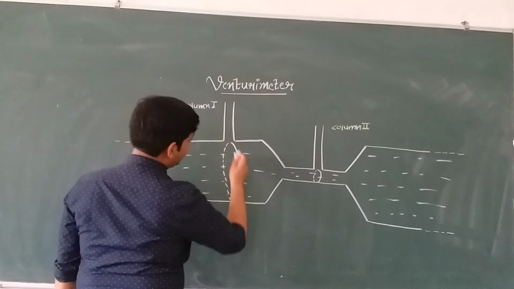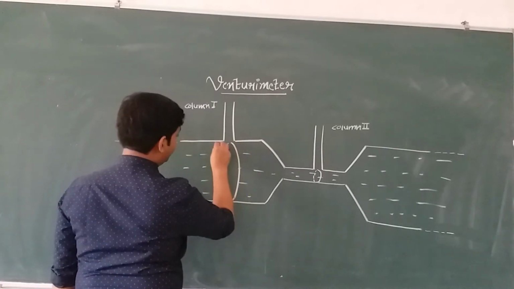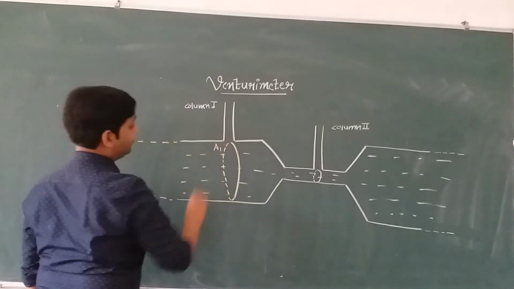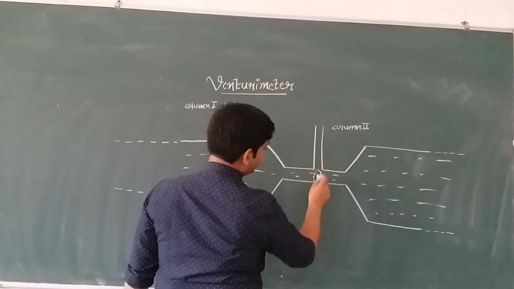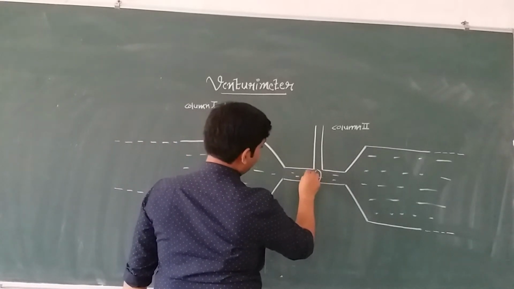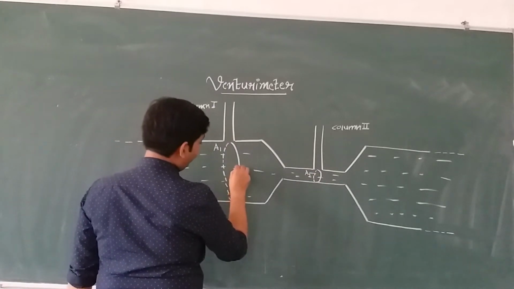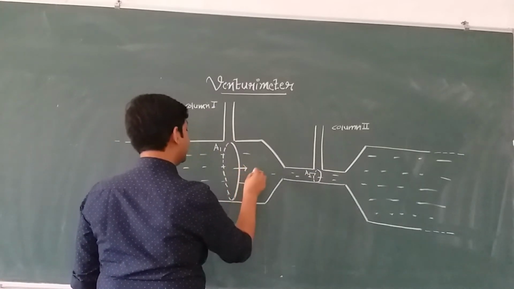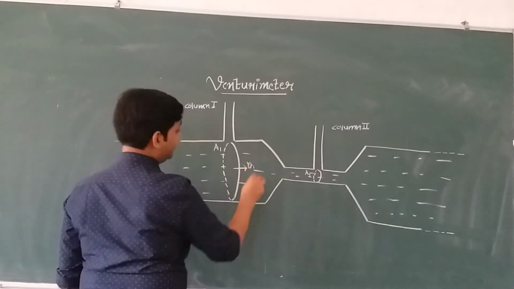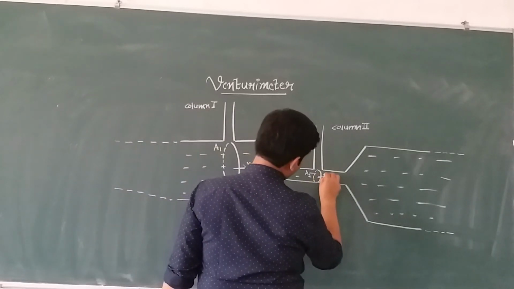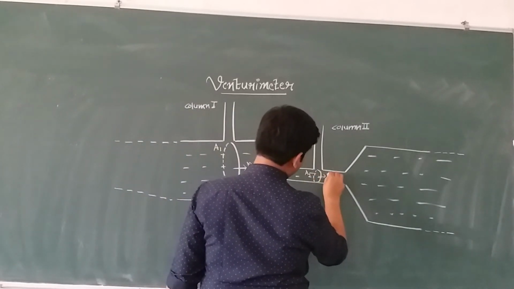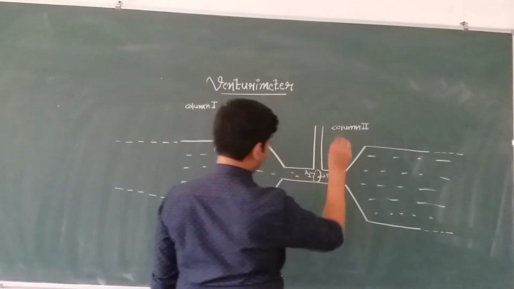Suppose the cross-sectional area here is A1, and similarly the cross-sectional area here is A2. Let's say the fluid passes through the first cross-section with velocity v1, and through the second with velocity v2.